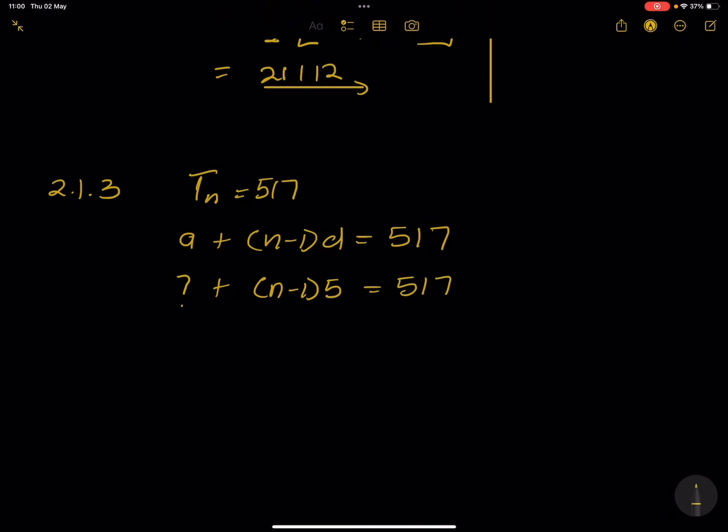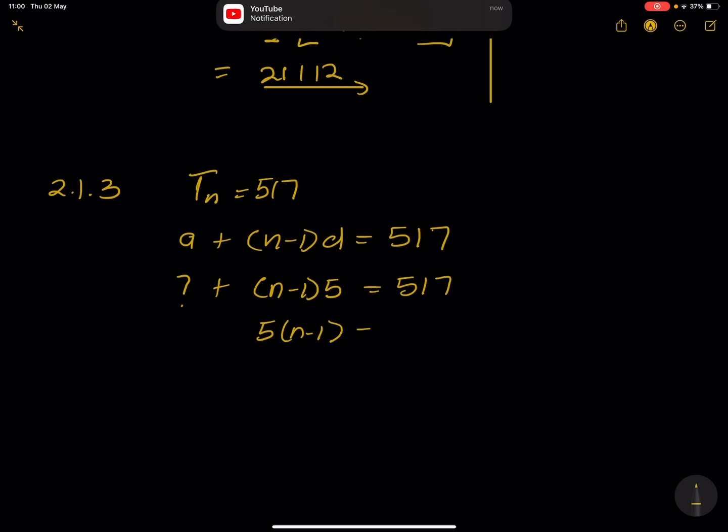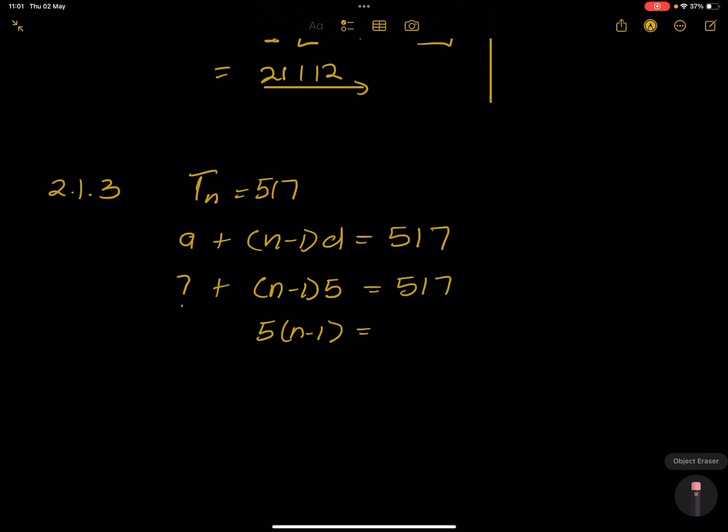I'm going to take the 7 to the other side. So that means that 5 into n minus 1 is equal to 517 minus 7, which gives me 510. Then I'm going to divide by 5.